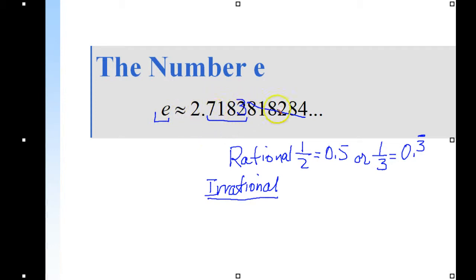You won't have to remember this, but you should remember it's a number between 2 and 3 on the number line, and it would be probably right about there. There's where e is. Remember, another irrational number is pi, which is 3.14, which may be a little closer there. Okay, some background.